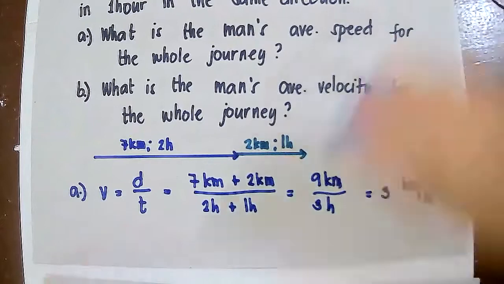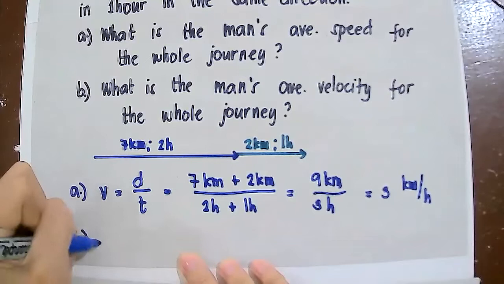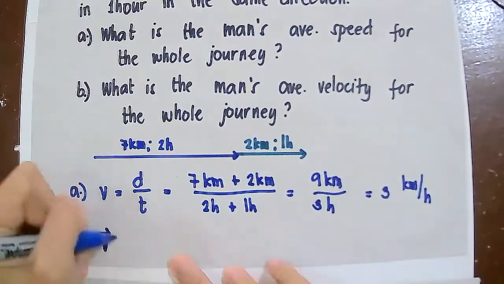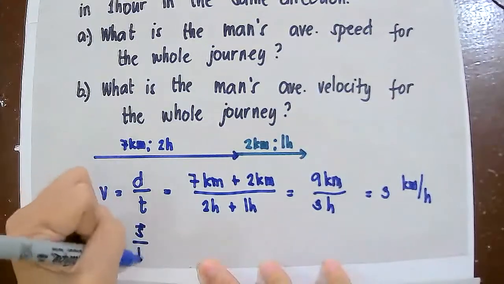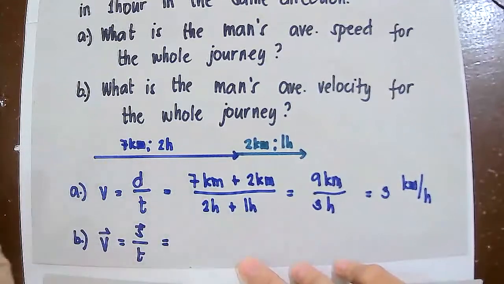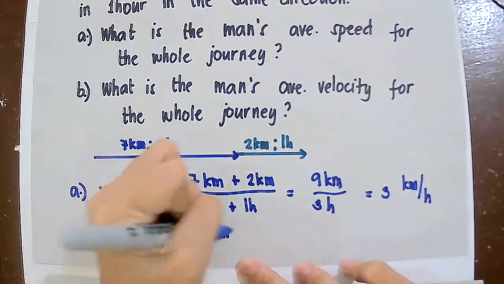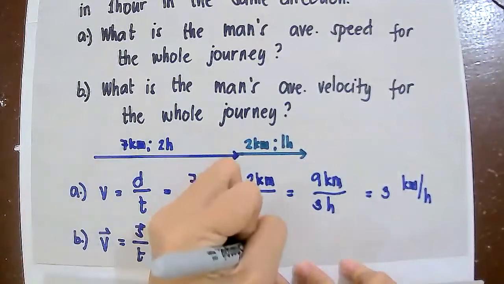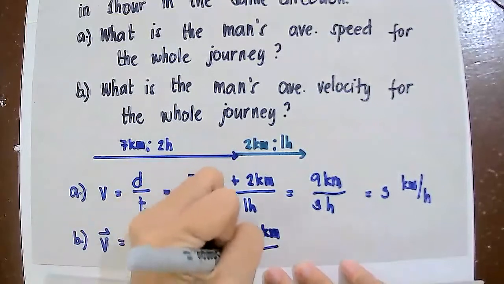Now, what about your velocity? For velocity, I will write it as letter B, but with an arrow above. This is equivalent to your displacement over time. For the displacement, you will now consider the sign of the given. You have positive 7 kilometers plus positive 2 kilometers divided by 2 h plus 1 hour.